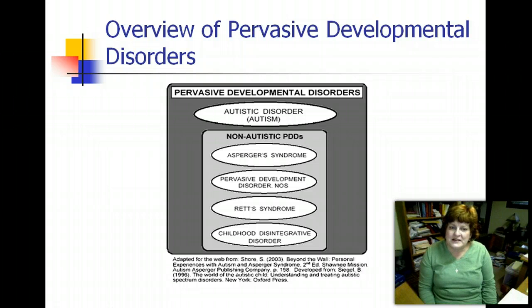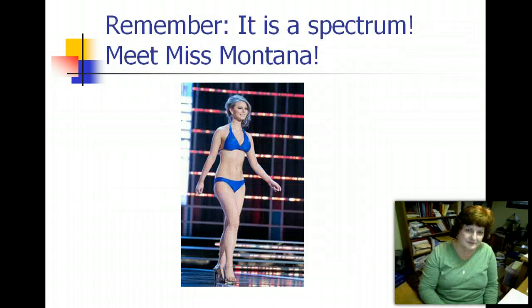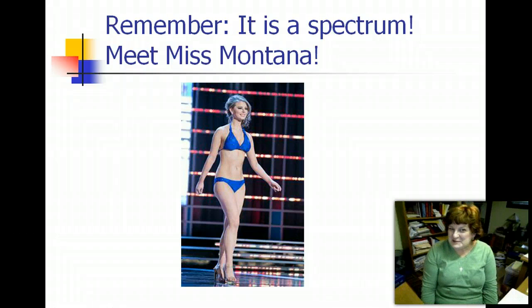So this gives you a breakdown of the pervasive developmental disorders and what is classified as an autistic disorder, and which is a non-autistic pervasive developmental delay. Because again, they may have some symptoms, but not all the symptoms to be classified in the autistic group. Remember, it's a spectrum.